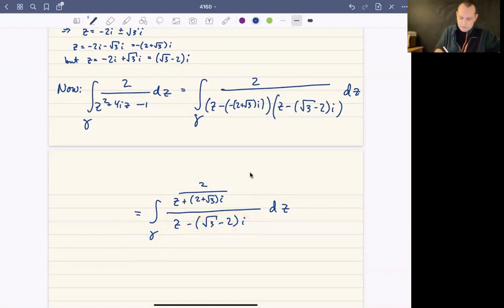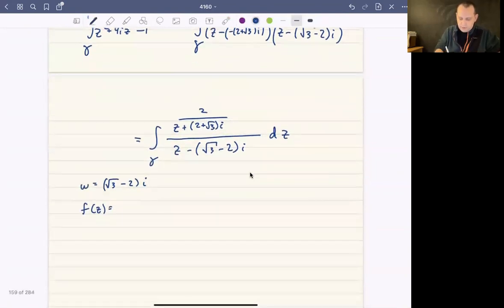So here, our w is square root of 3 minus 2 times i, which, like we said before, was one of the solutions. And our f of z is the numerator. It's the 2 over z plus 2 plus square root of 3 times i.